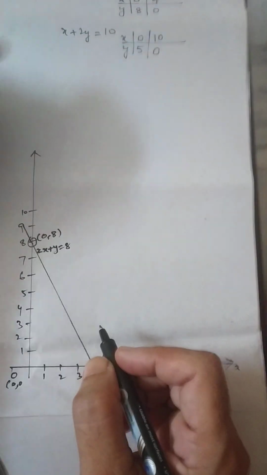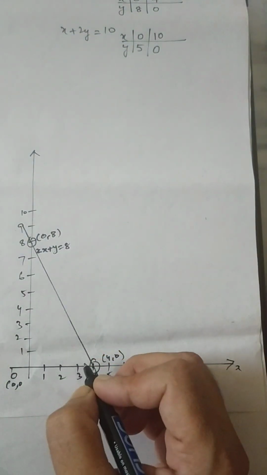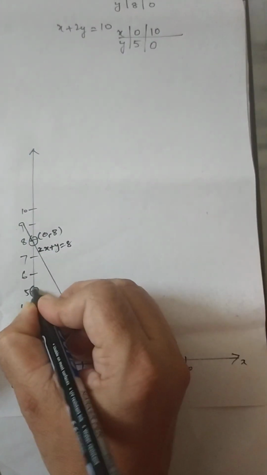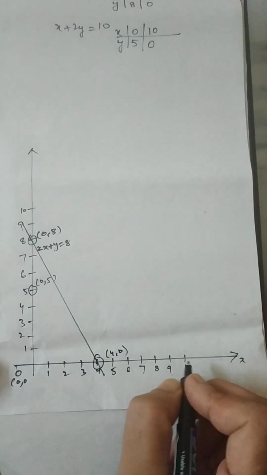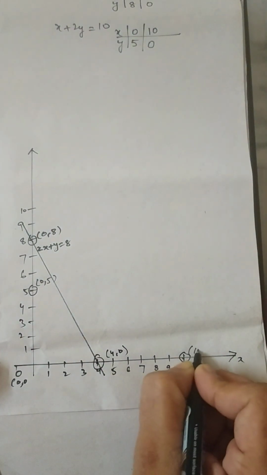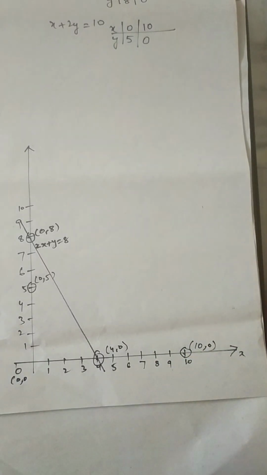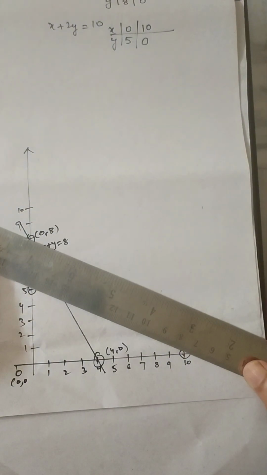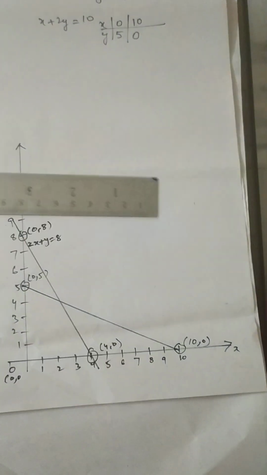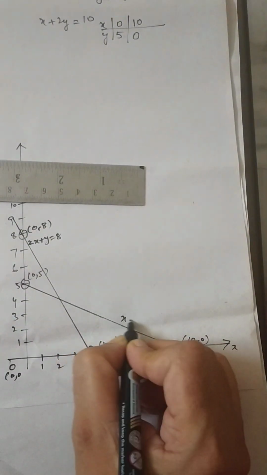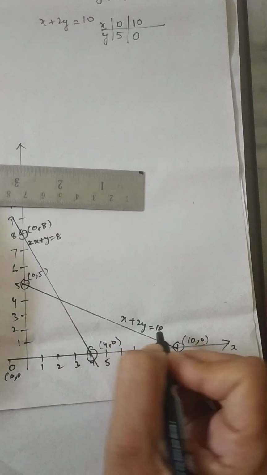Next is when x is 0, y is 5, when x is 10 your y is 0. So we have this graph. So let us write x plus 2y equal to 10.